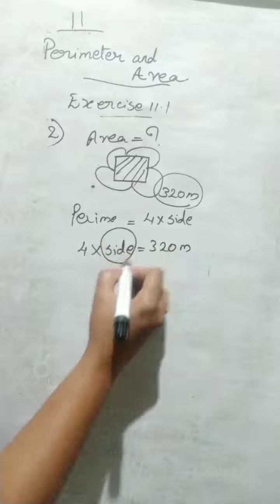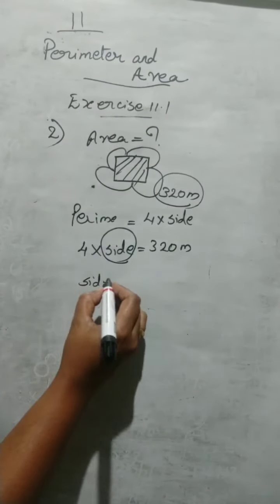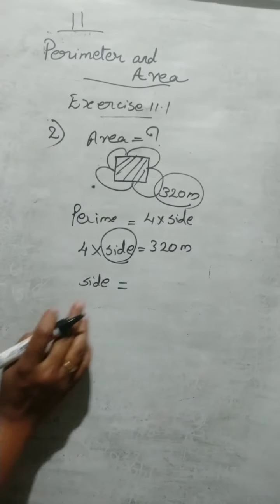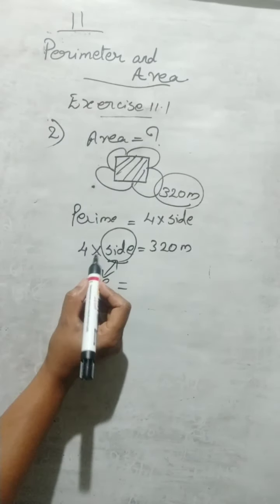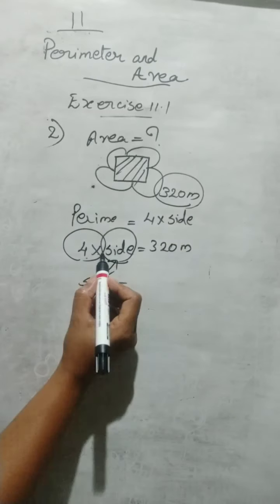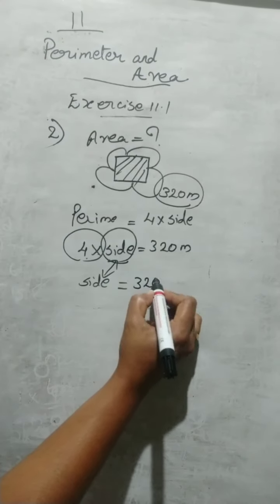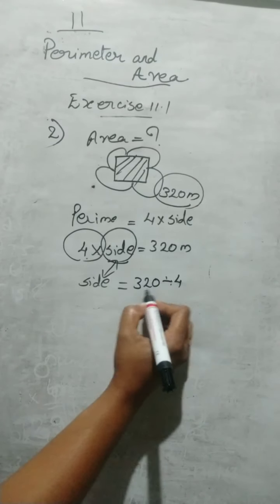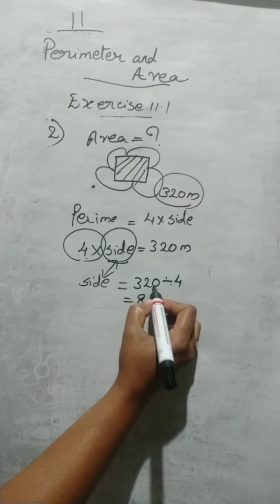We have to find the length of one side. We don't know what the side is, so we have to find that. 4 times side is equal to 320. So 320 divided by 4. 4 8s are 32, then 8, then this 0.